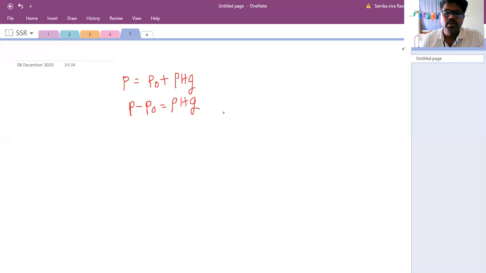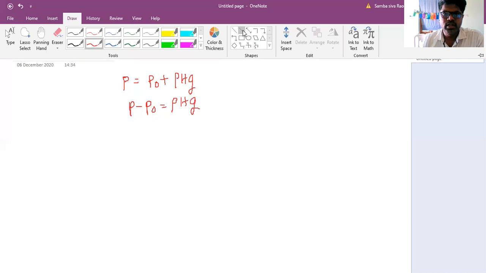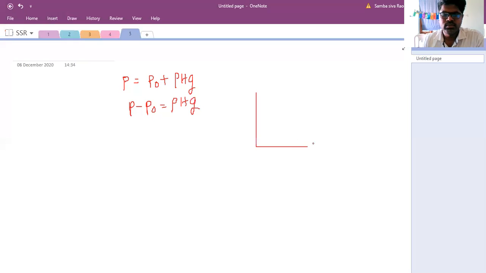Suppose you can draw the plot or the graph. Along the x-axis you can take the H value, and along the y-axis you can take the pressure value.